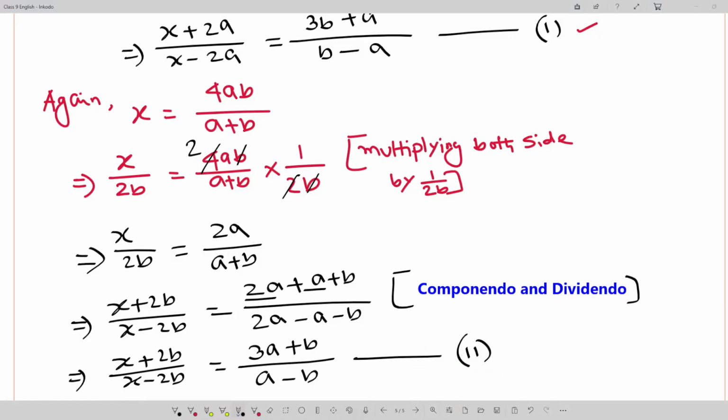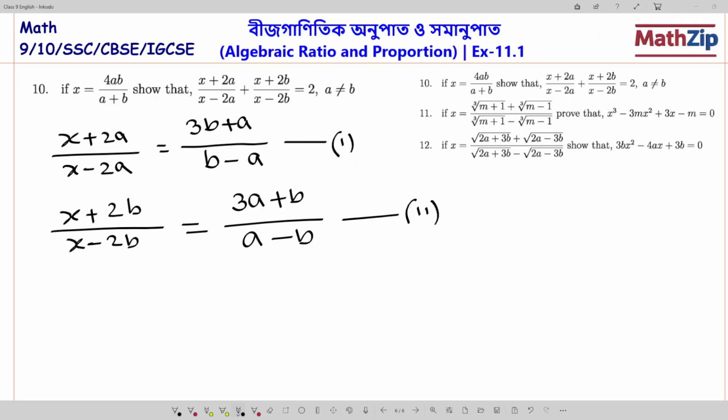Okay, here equations 1 and 2 we are writing together.